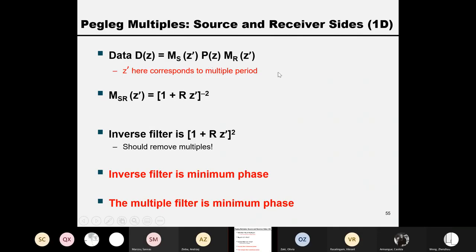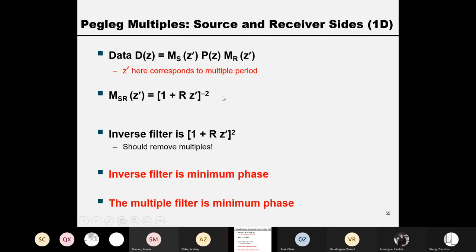Okay. Right. For the source side, you have 1 over 1 plus rz prime. For the receiver side, you also have 1 over 1 plus rz prime, because you now have both source side and receiver side. So here it's squared, right? So 1 over 1 plus rz prime squared.